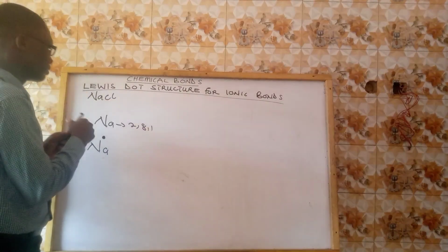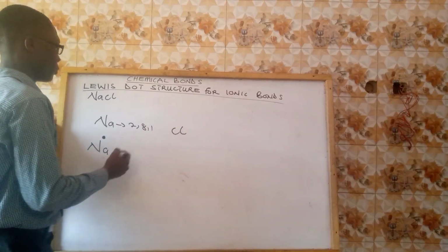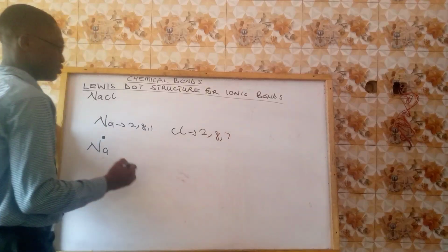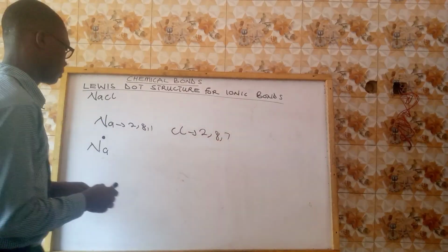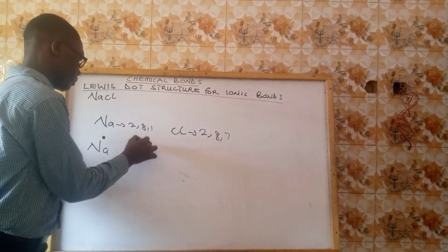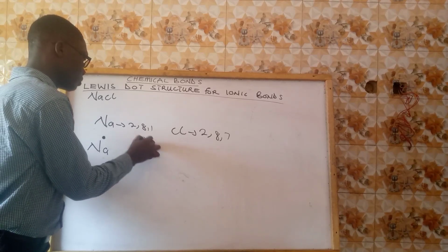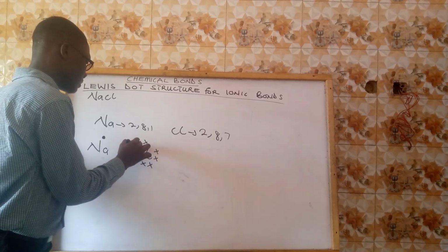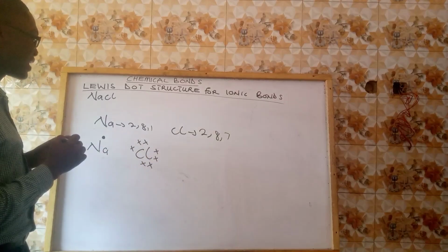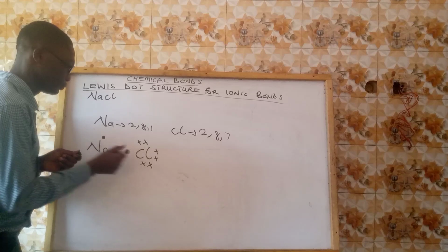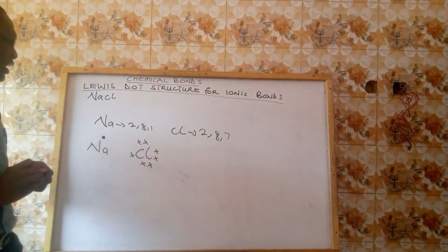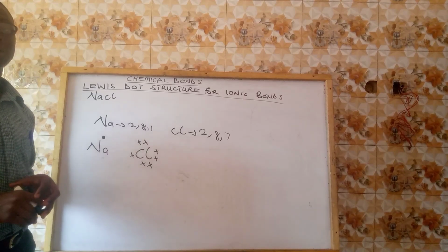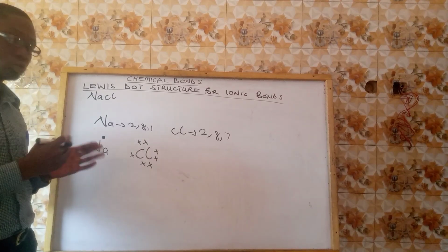And now chlorine, you have chlorine here with configuration 2, 8, 7, so it has 7 electrons. So you have chlorine here with 7 electrons, 1, 2, 3, 4, 5, 6, 7 in its last shell. I drew the electrons with different symbols because they are 2 different atoms.